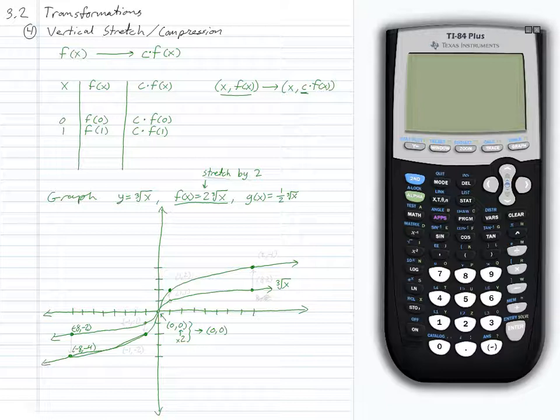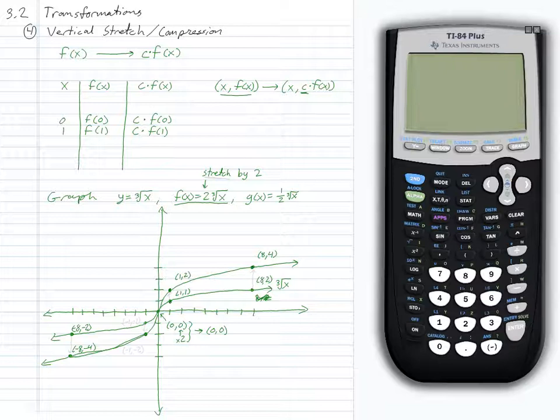And we can see how this differs from the vertical and horizontal shifts. I haven't moved my points uniformly. I haven't moved everything up or down. I have stretched every point relative to the point that I'm basing it off of. So (8, 2) becomes stretched to a height of 4. (1, 1) is stretched to a height of 2.